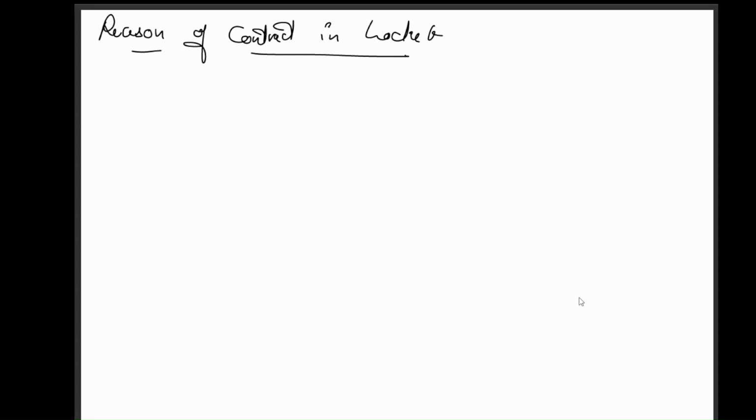The reason for the contract in Locke: what was the reason for coming into the contract? He was saying that the state of nature is good, so why did he want man to come into a contract? He says that though the state of nature is a state of peace and goodwill, it is not rational to leave everything to man.